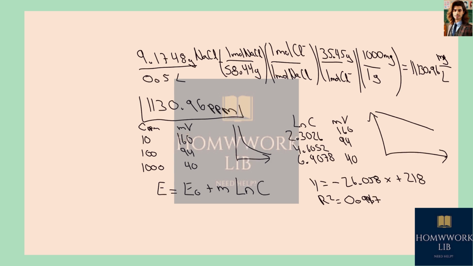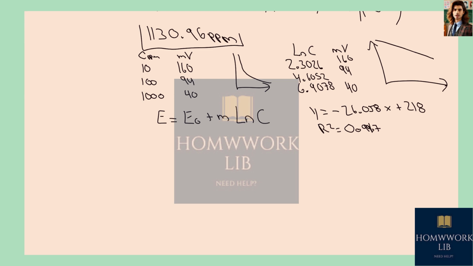Okay, so now with the information of the linear plot, we're told that a sample of unknown salted water presented a potential equal to 132 millivolts. So this has an unknown concentration. What we're going to do is plug these values, this is going to be your y, into our equation and solve for x.